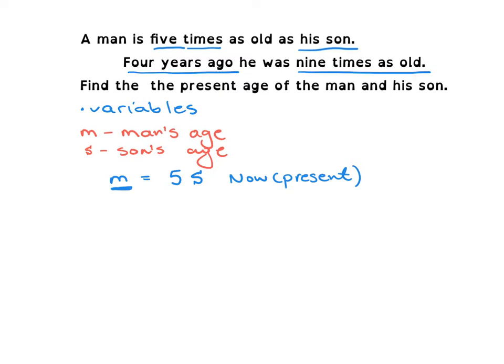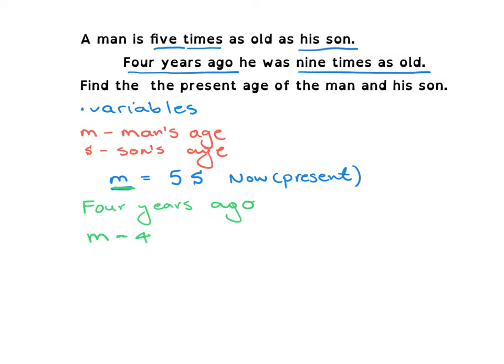Now, the other information given says here, 4 years ago, he was 9 times as old. So I'm going to write here in this column: 4 years ago. If the man's current age is M, then 4 years ago it was M take away 4.